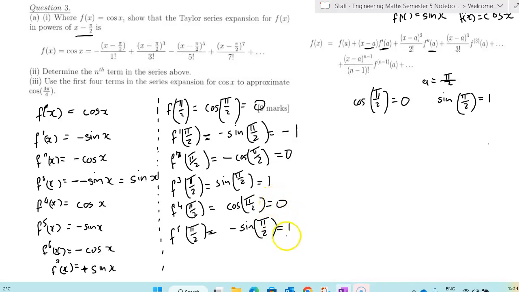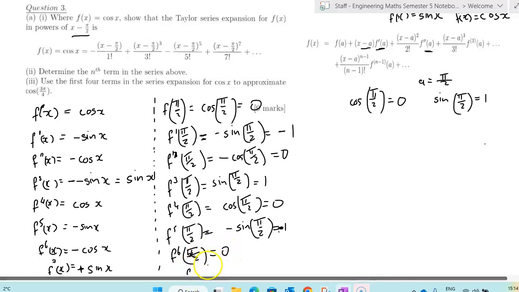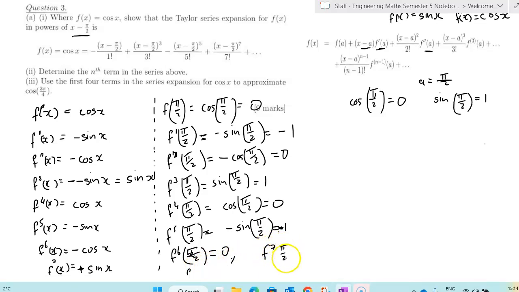So we've got 0, minus 1, 0, minus 1, and the next one, f to the 6 of pi over 2, sorry, is going to be 0 because it's a cosine. And the last one, f to the 7 of pi over 2 is equal to sine of pi over 2, which we know is 1.